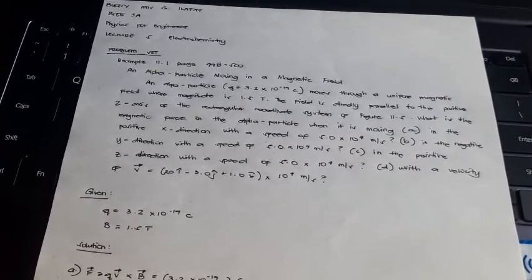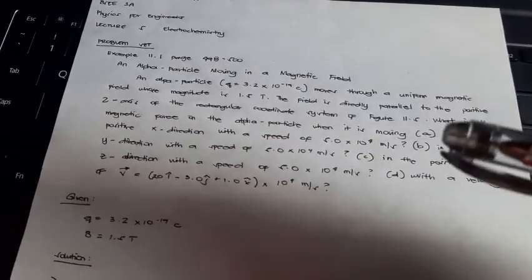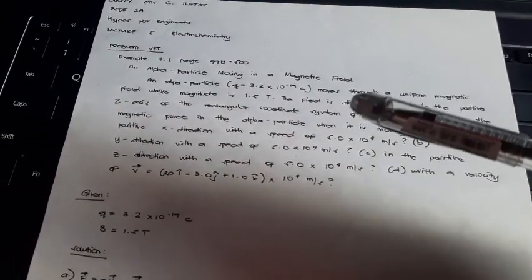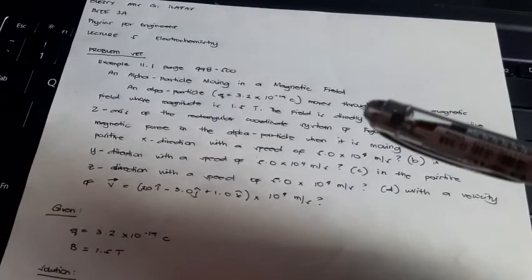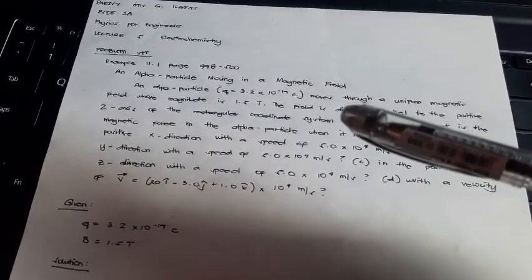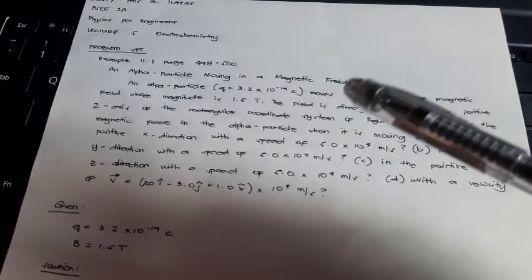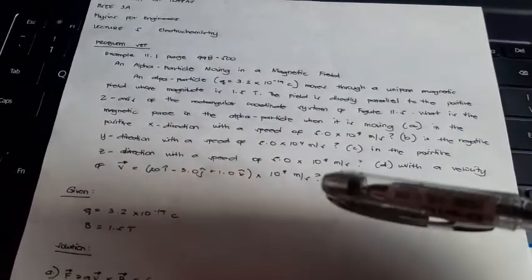So, problem set. Example 11.1 on page 498. An alpha particle moving in a magnetic field.